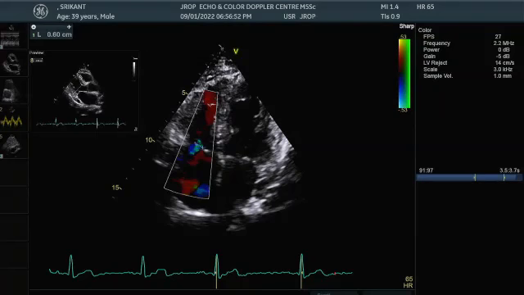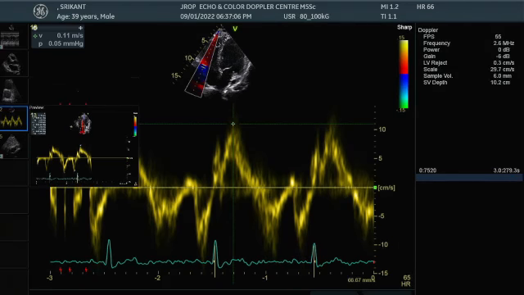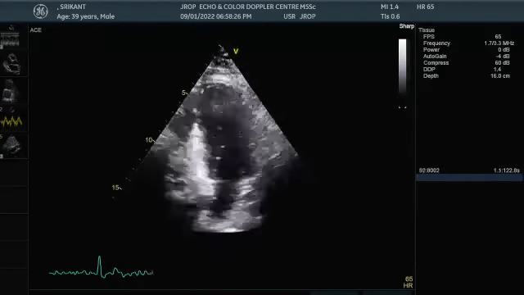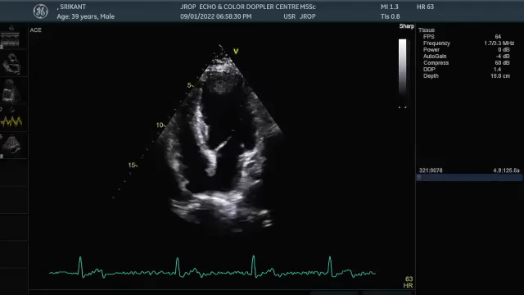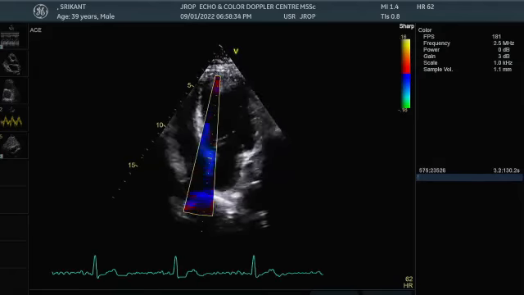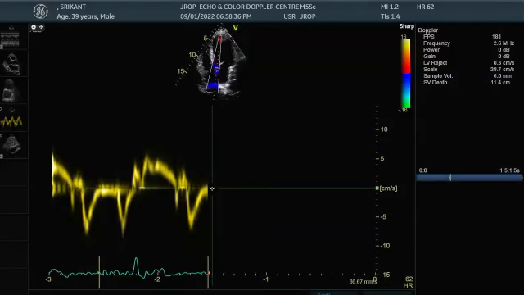Sure, definitely. When we are looking at the mitral annulus, we look at tissue Doppler imaging of the medial annulus and lateral annulus. This is tissue Doppler imaging looking at the medial annulus. In the medial annulus, we get systolic velocity, early diastolic velocity, late diastolic velocity.